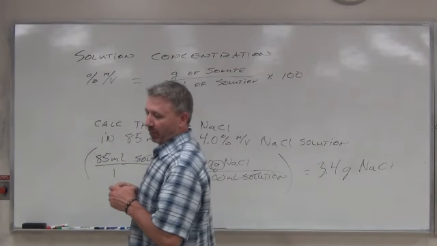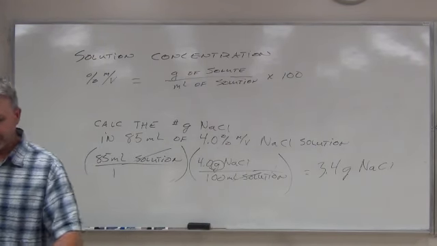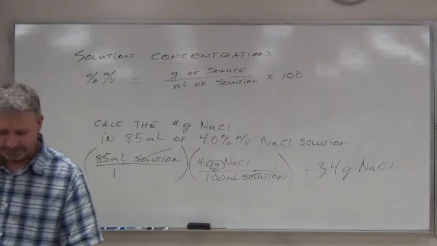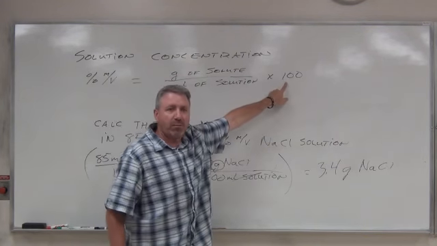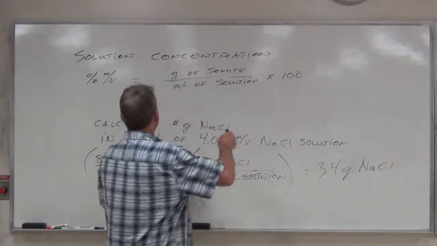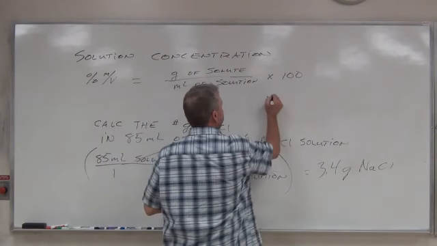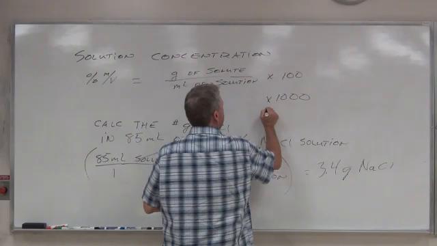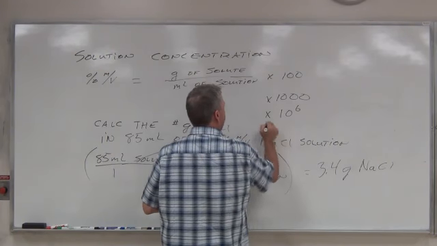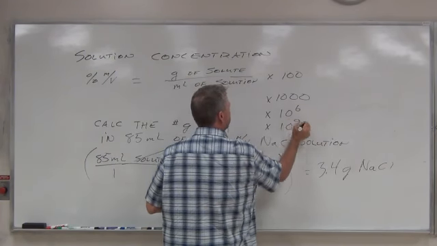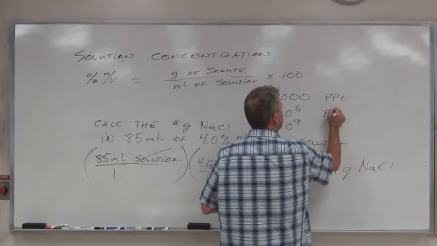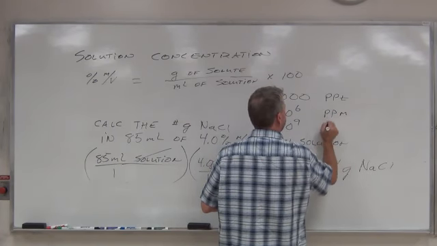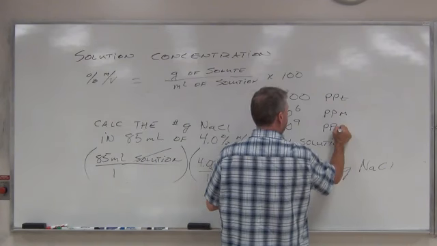And we have other formulas as well. The formulas are identical to this. The only difference is what we multiply by. So you can copy that down. We get times 1,000, times 1,000,000, and times 1,000,000,000. This is parts per thousand, parts per million, parts per billion.